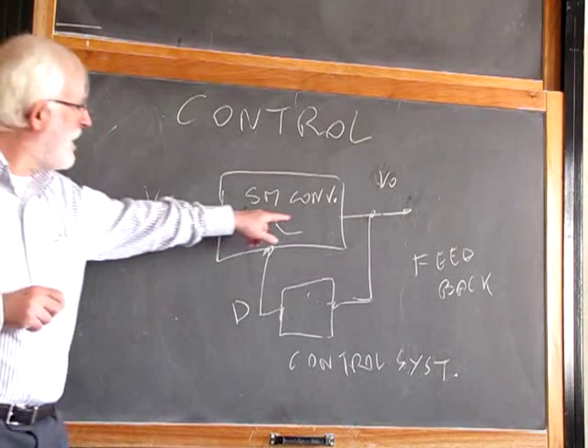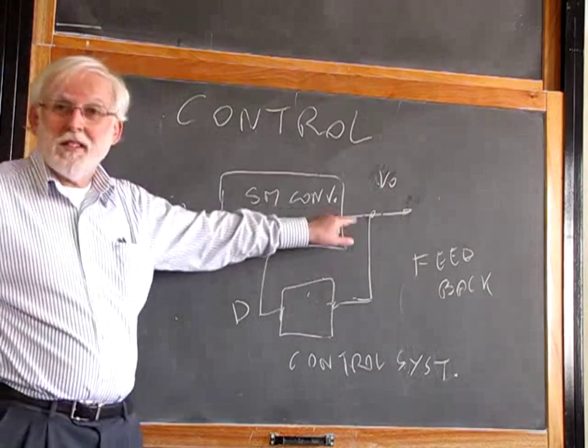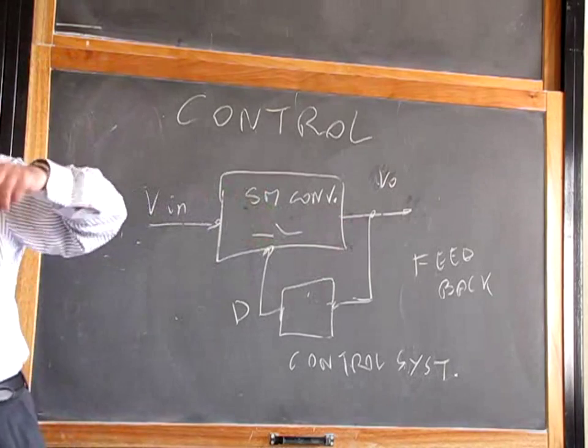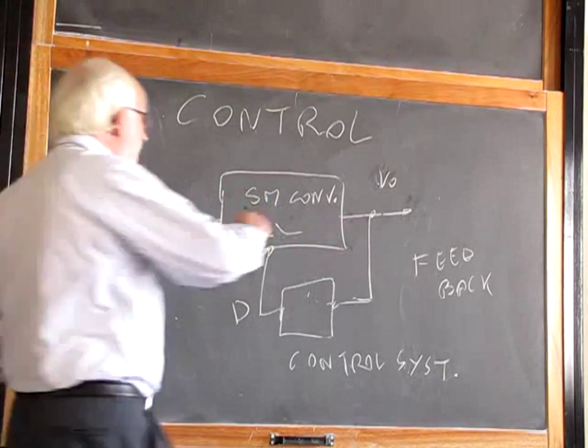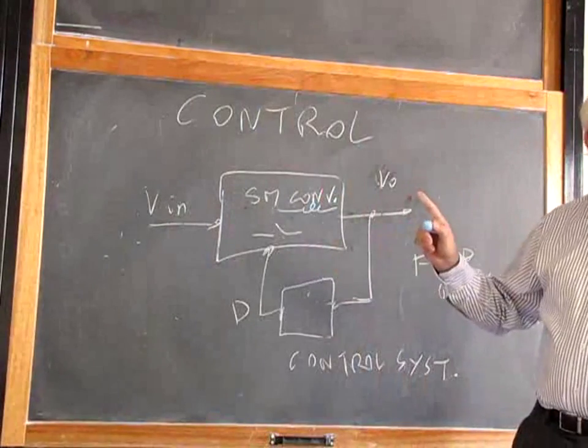What are the state variables in an electronic dynamic system? Voltages across capacitors. Oh, we have it here. The output voltage is the voltage across the output capacitor. And current with inductors. Here inside there is an inductor, at least one.